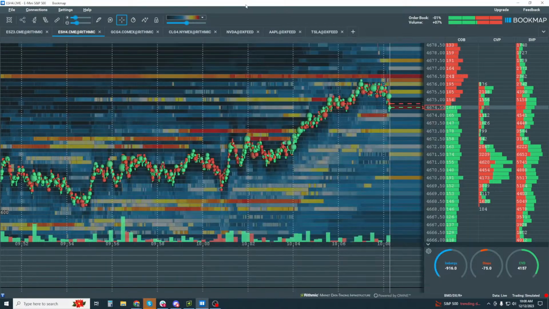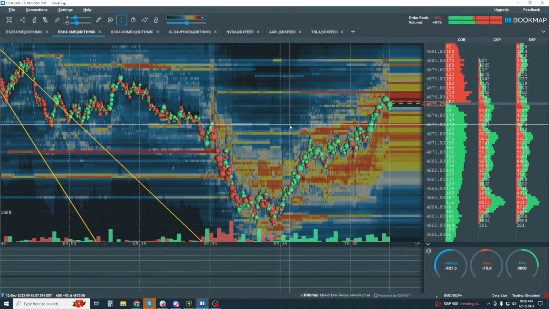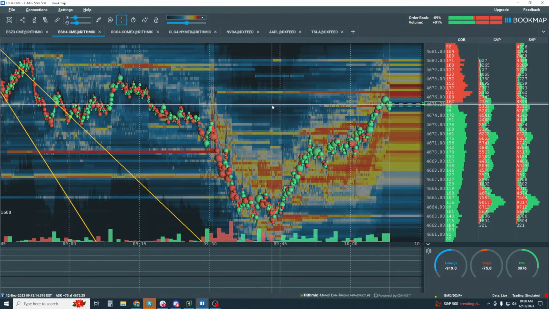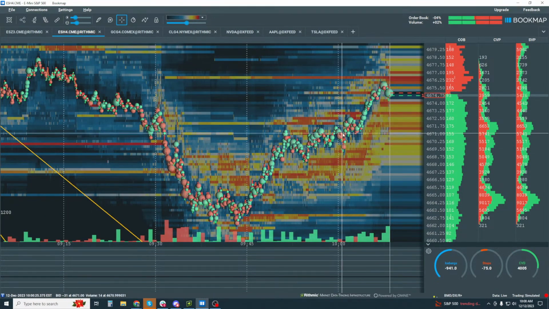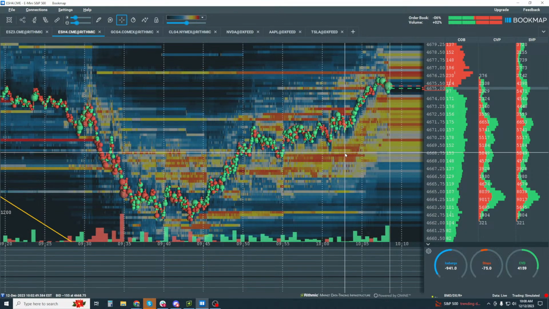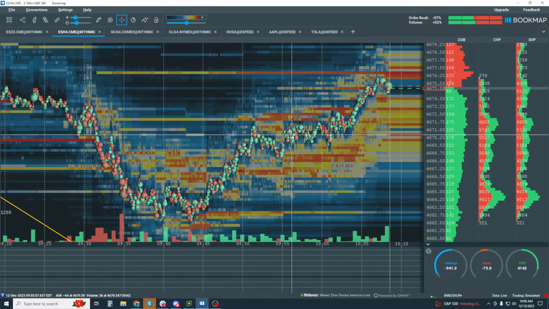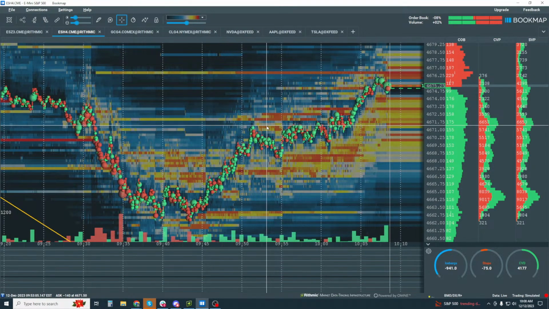All right, so let's jump in. We're looking at the S&P. We've made it through the rollover period, and the order flow looks pretty good to me. Yesterday we had a really nice and clear trading day, even on the higher time frames.